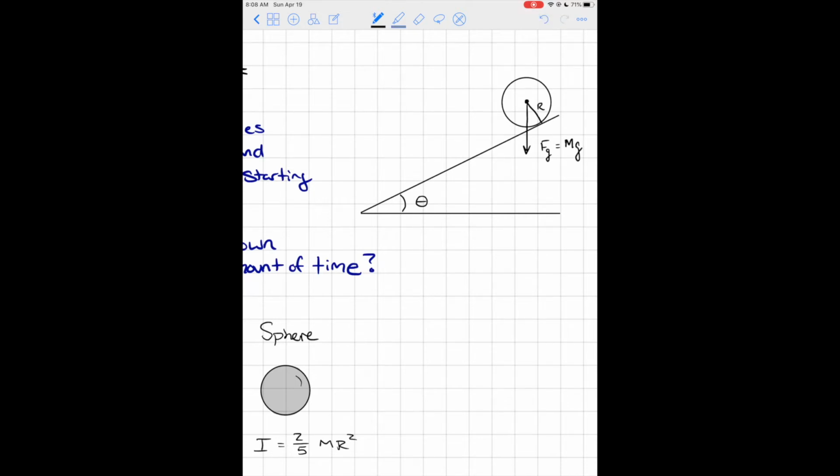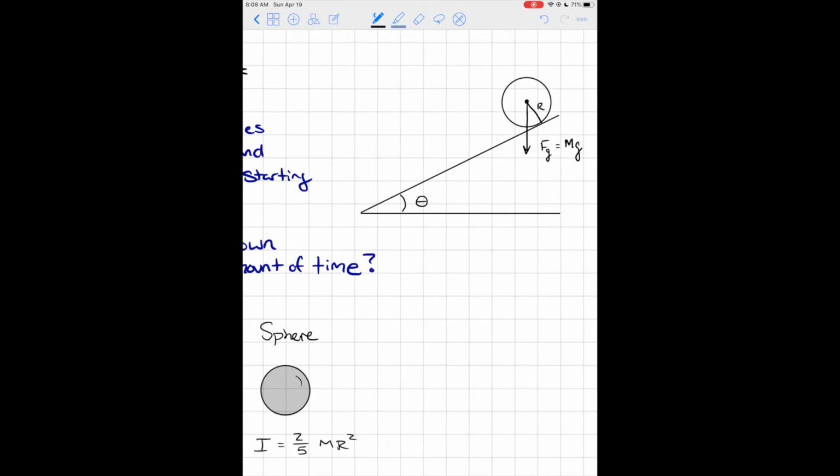We're always going to put the force of gravity right at the center of mass. That's another useful thing that the center of mass provides. It allows us to place the weight at a very specific point.